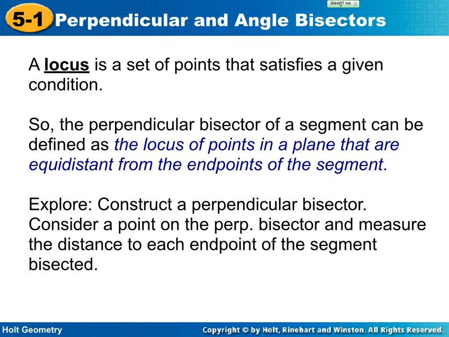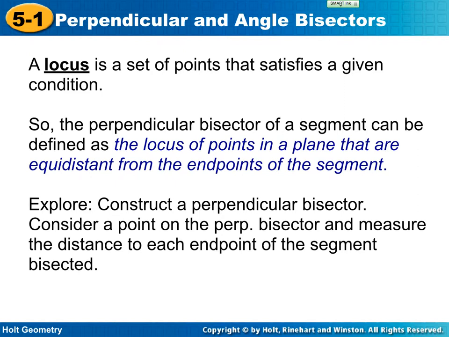If you picture that construction being done over and over with the compass changing just a little bit, that set of points creates the perpendicular bisector. So that's their definition, locus of points.